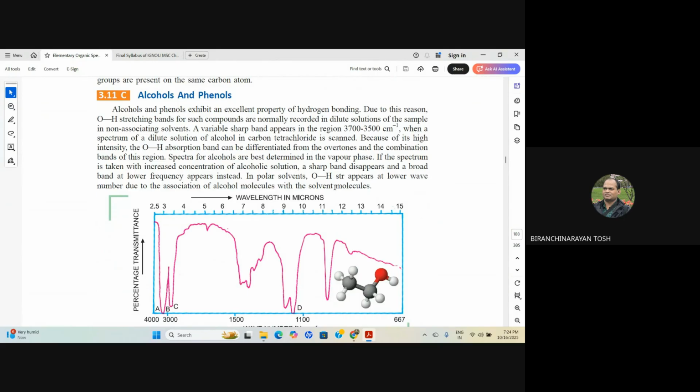Generally, metals are more electropositive, so when the ligand gives its electron to the metal, polarity increases. When polarity increases, it will generally absorb at higher wave number. Would you follow? Higher wave number, this side.